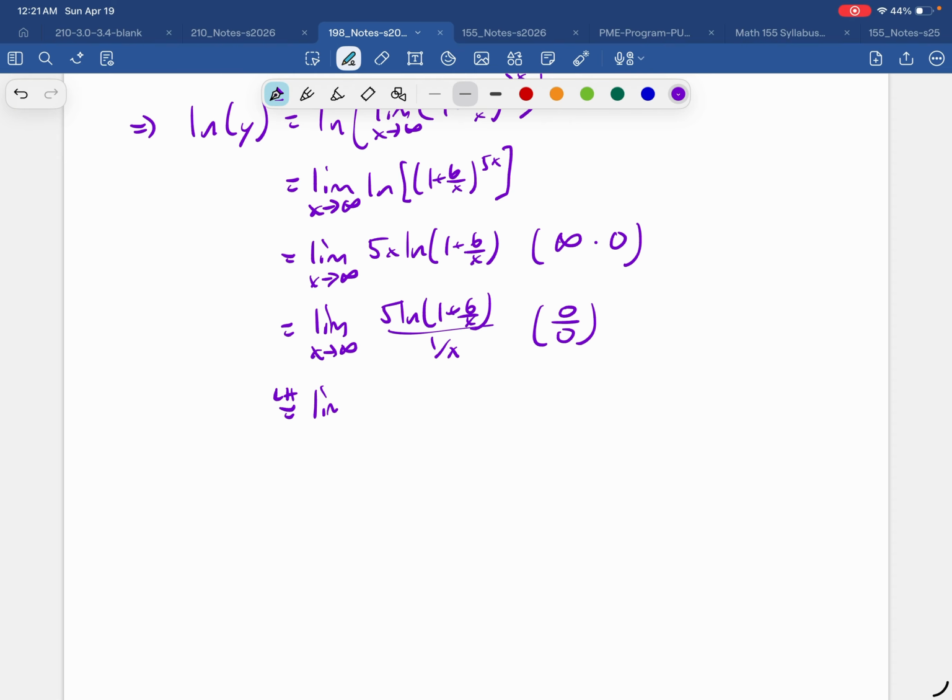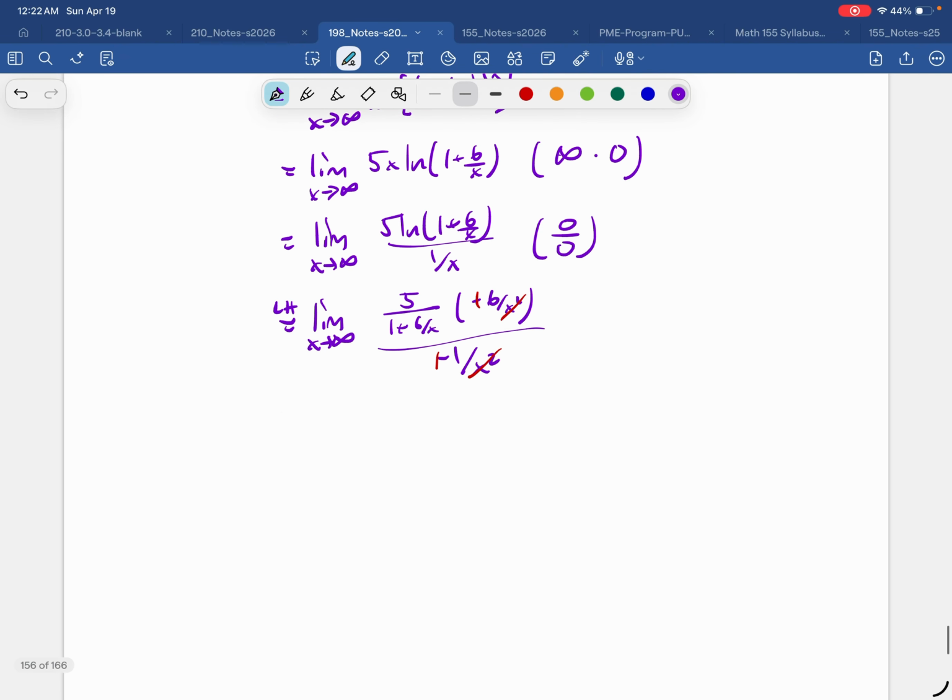And so at this point, we can use L'Hopital's rule. So we have 5 over 1 plus 6 over x times the derivative of 6 over x, which is negative 6 over x squared. And then the derivative of 1 over x is negative 1 over x squared. And just note, the negatives cancel and the x squareds cancel. Lovely, right? Because everything is multiplied.